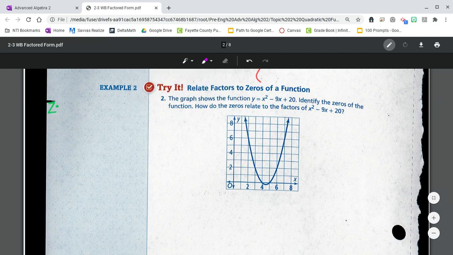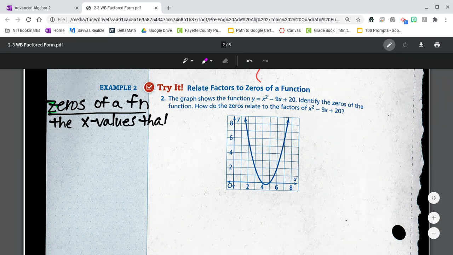Let's grab the black. Okay, so the zeros of a function. I'm going to abbreviate function fn. So the zeros of a function are the x values that correspond to the y values that equal 0.